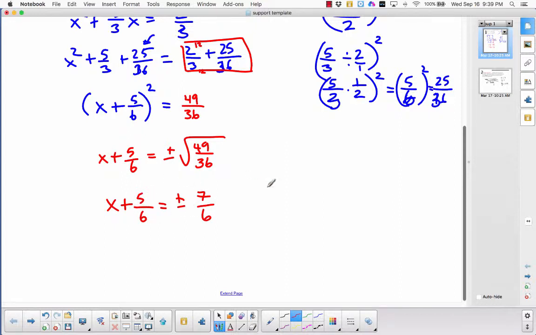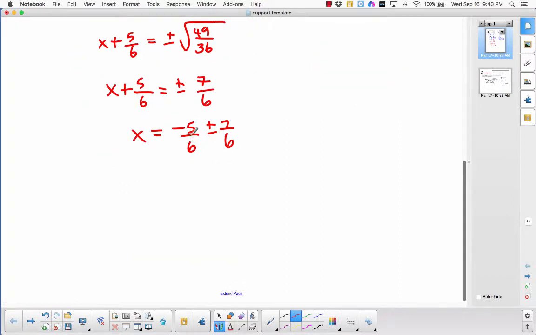Now we'll take the 5/6 to the other side. So it'll be x is equal to negative 5/6 plus or minus 7/6. Now, since these are both 6, I might as well get both answers. So it'd be minus 5/6 plus 7/6, or minus 5/6 minus 7/6.